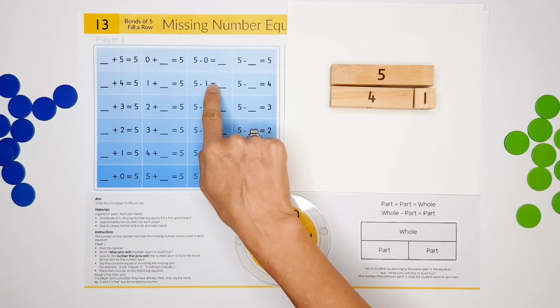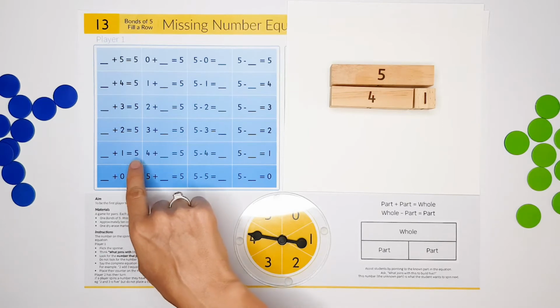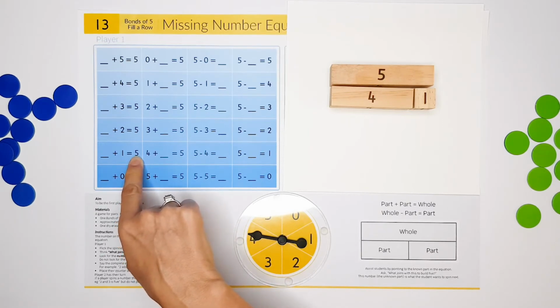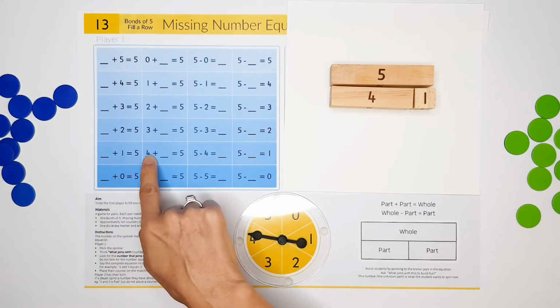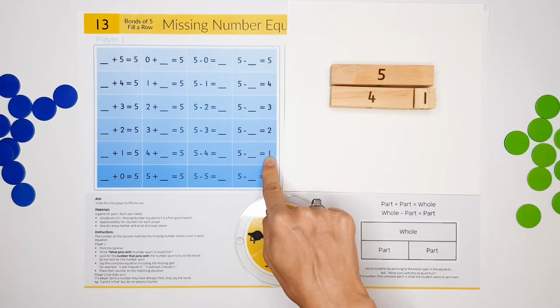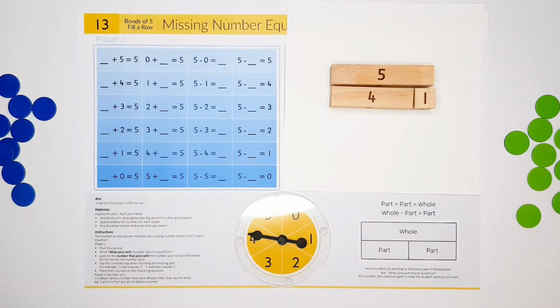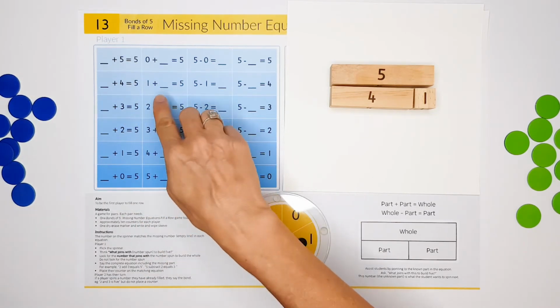This also repeats in another row. Down here I have a whole of 5 and a part of 1, and a whole of 5 and a part of 1. I could place my counter in any of those 4 positions, and I'm going to choose here.